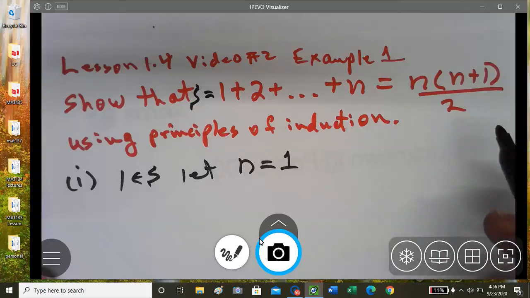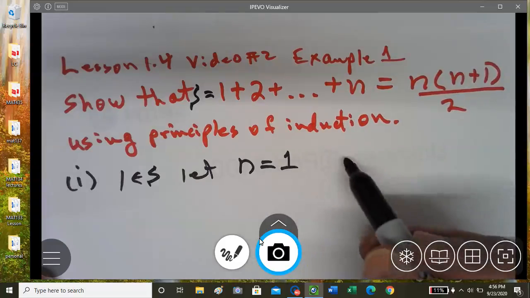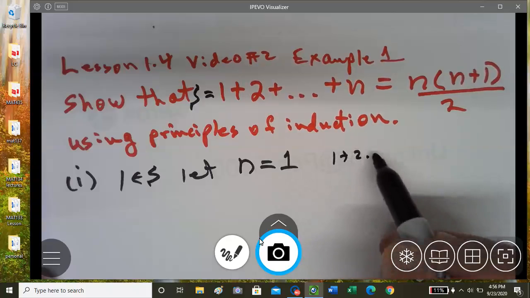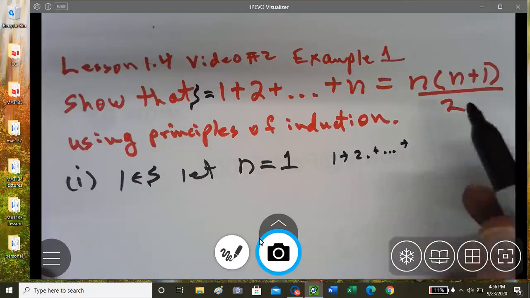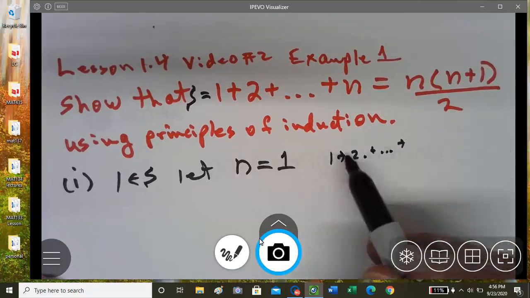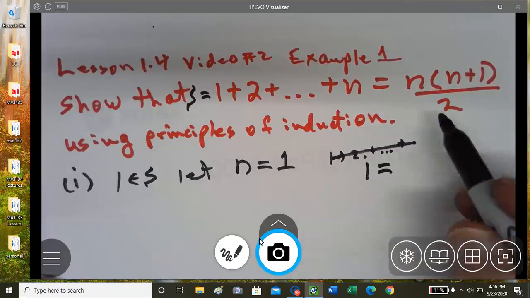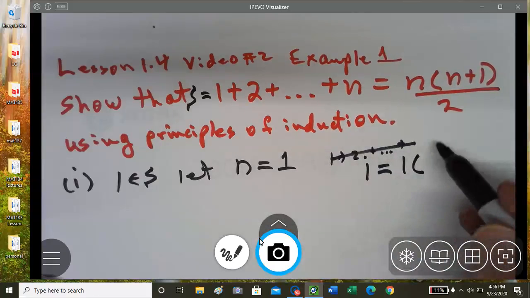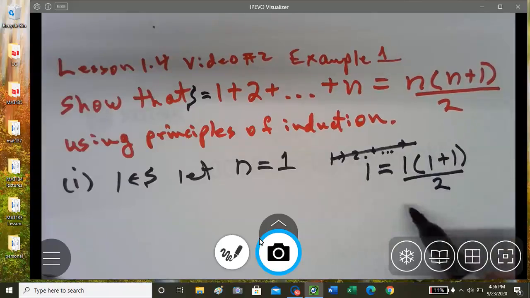So in this case, we have here 1 plus 2 plus ... plus, so we're saying 1, right? So we're just using 1 equals, replacing n with 1, and here we replace n with 1 again, plus 1 all over 2.